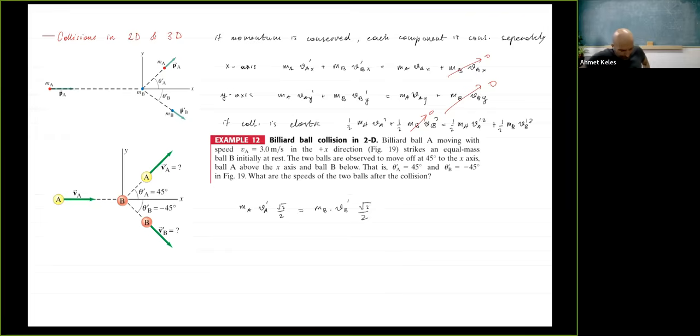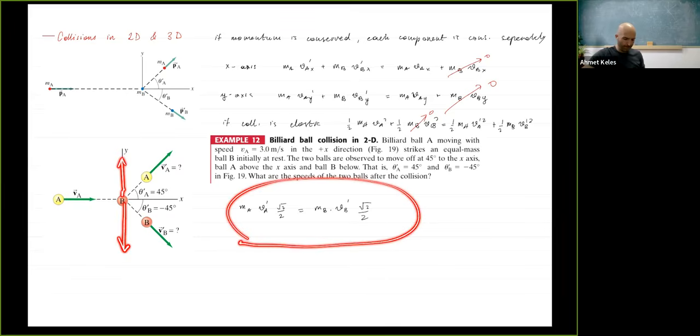Okay. I said this momentum should be equal to this momentum. That's what this equation is. Any problems with that?